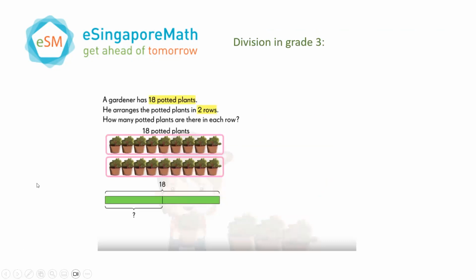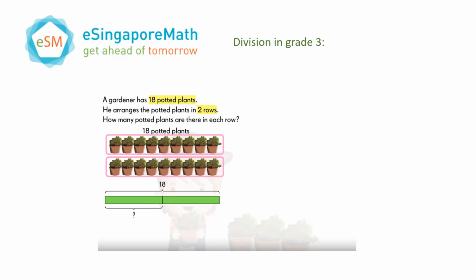Here's an example, just a picture of division in grade 3, and they're taught pretty much alongside one another. Again, developmentally, we have the potted plants, and we go ahead and just draw all of the 18 potted plants. As students become more savvy, though, they think, do I really want to draw each of those 18 potted plants? I don't have to.